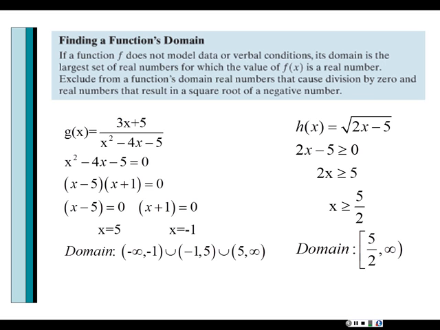Let's check whether we get the same answer from the other method. Now here for our expression x squared minus 4x minus 5, what is b here? -4, right?